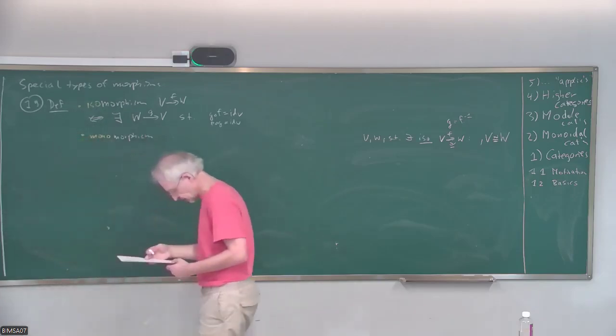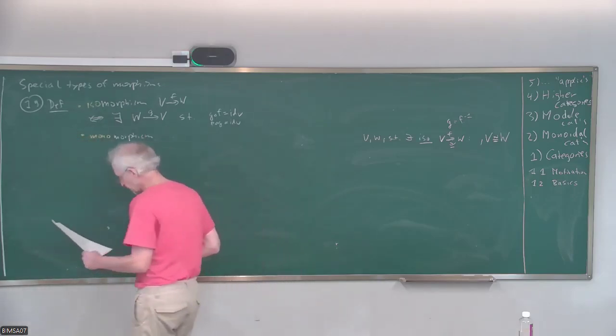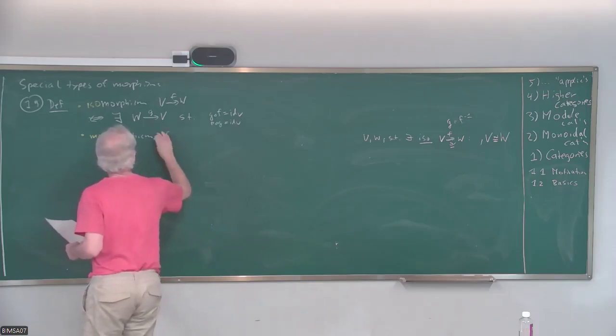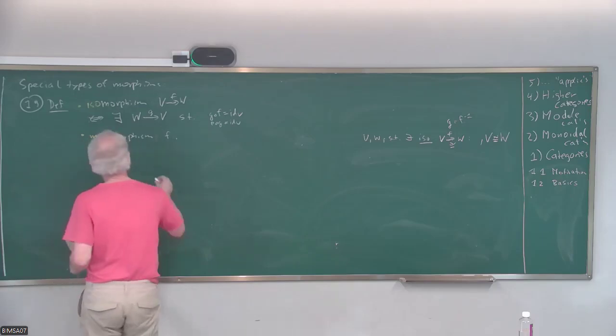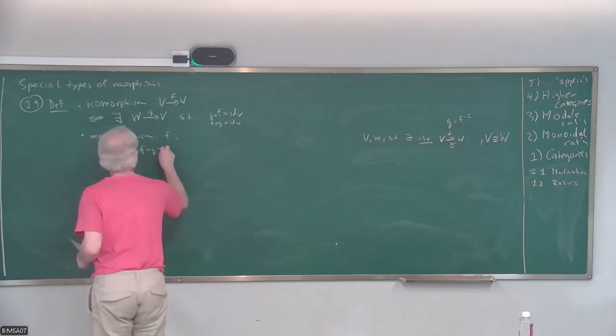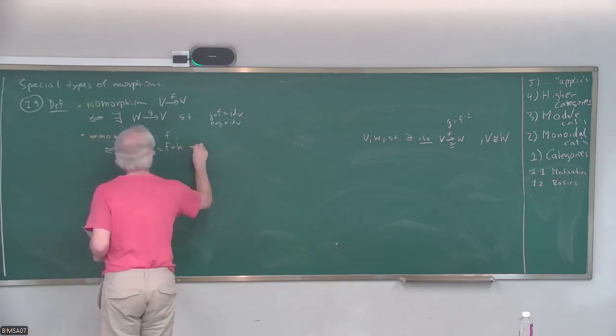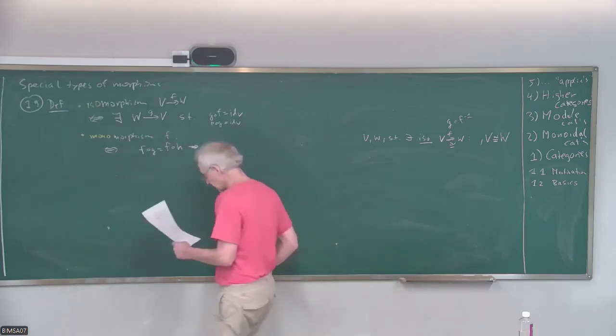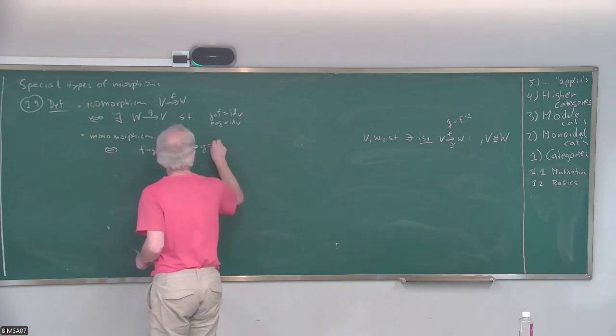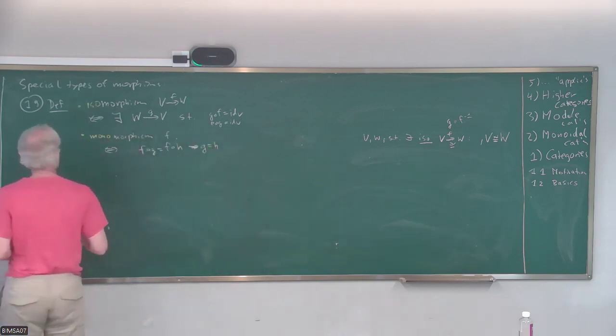or also a left cancelable morphism F is one such that if I have F composed with G equals F composed with H, for arbitrary G and H where the composition makes sense, then already G and H are equal.